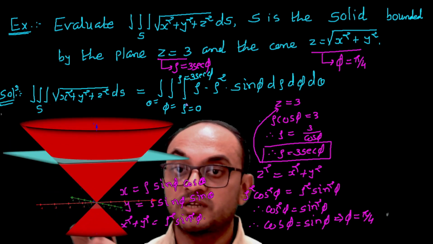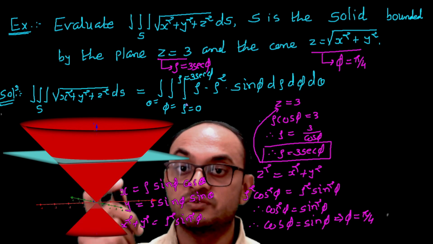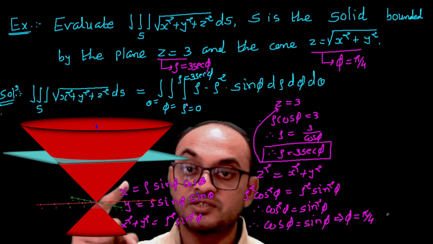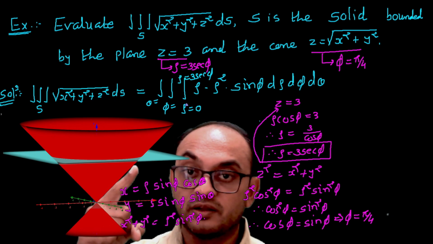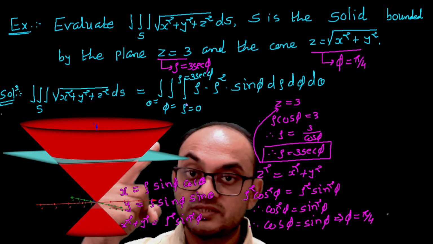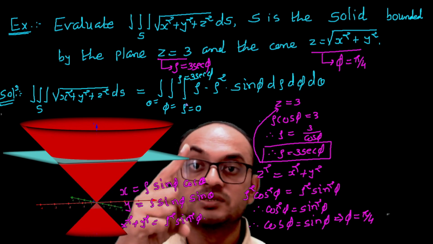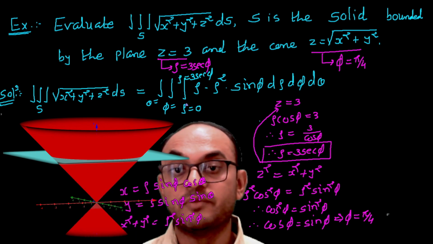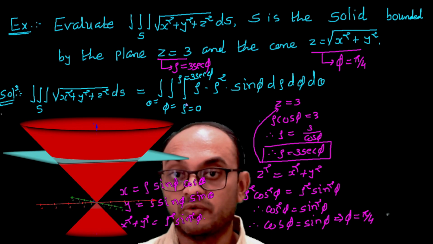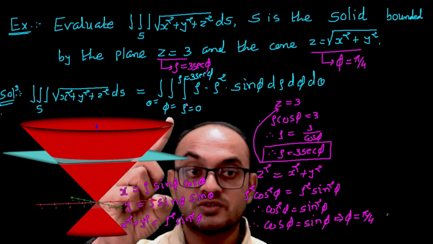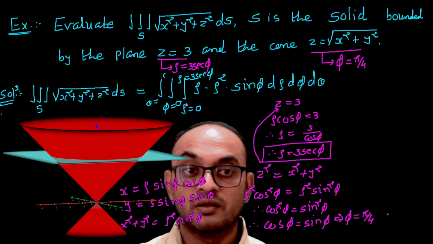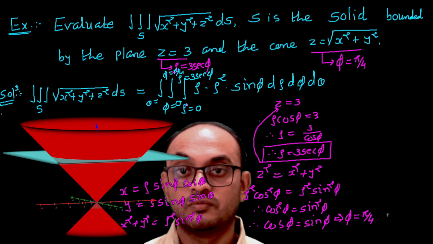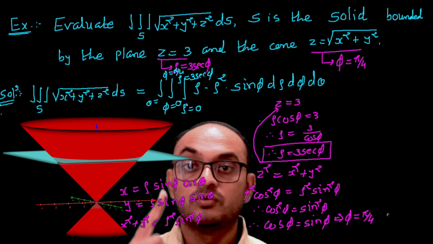So my rotation starts from this positive z axis and it has to rotate up to this curve. And what is the equation of this curve? It is phi is equal to pi by 4, that we have already derived. So phi starts from 0 and goes up to pi by 4, right? Now what is theta?